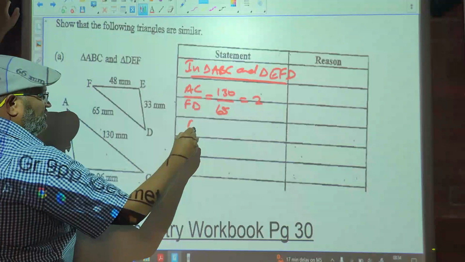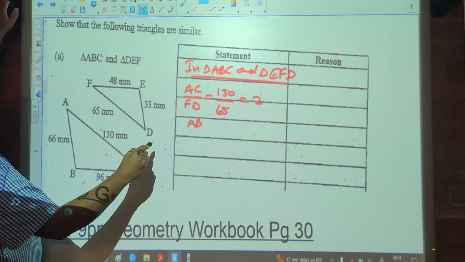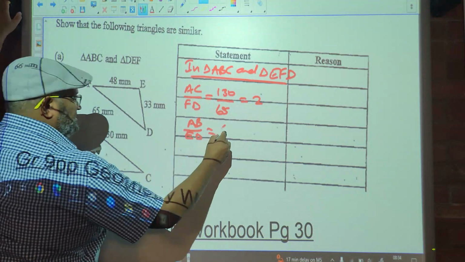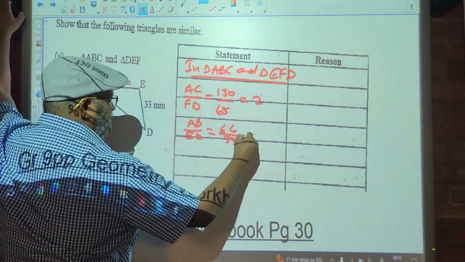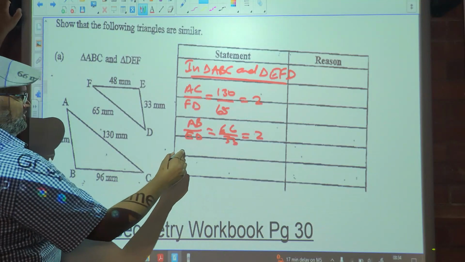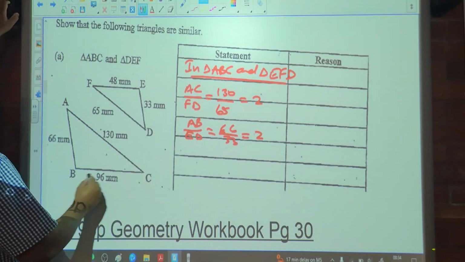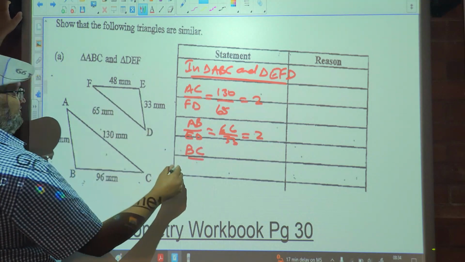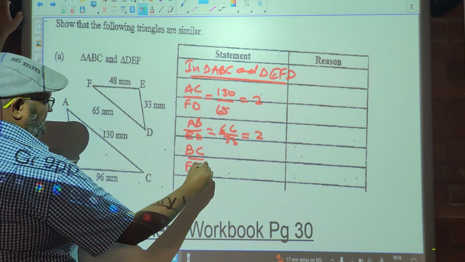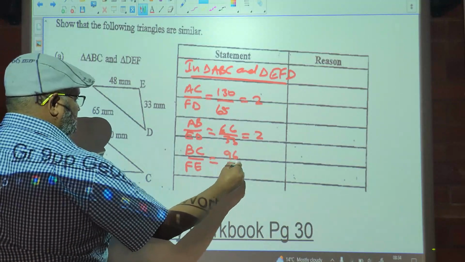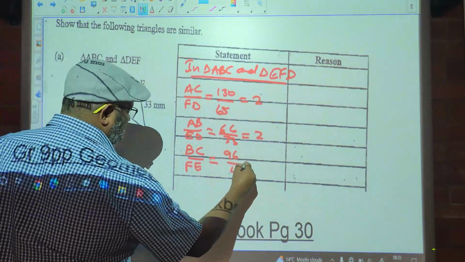So it's going to be AB over ED, which is 66 over 33, which is 2. And then of course the last one is going to be BC over FE. BC is 96 over 48, which is 2.